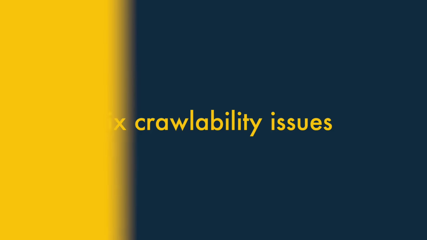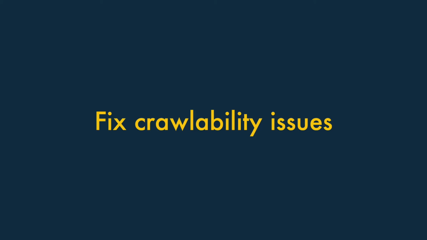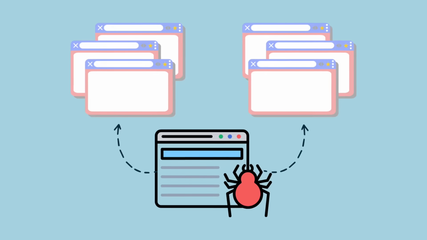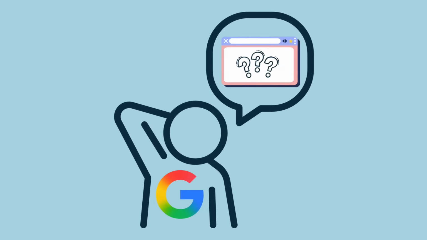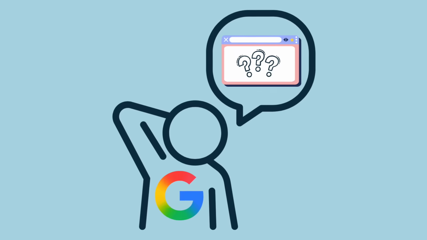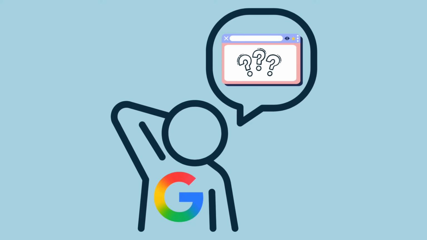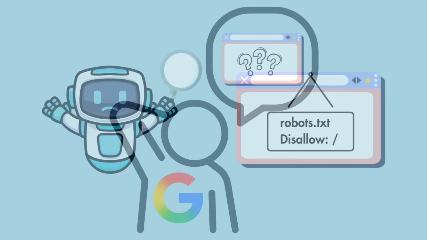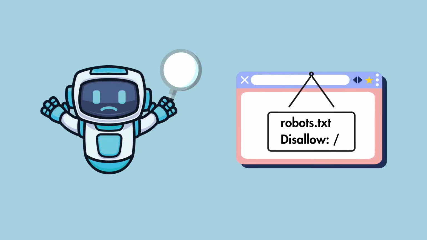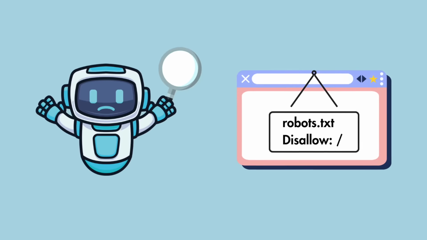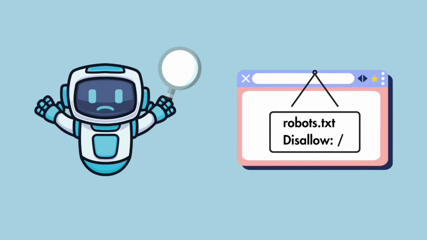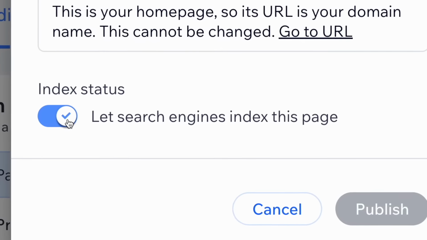3. Fix crawlability issues. Crawlability and indexability are crucial to SEO. If search engines can't find or access your pages, they simply won't appear in search results. Things that typically stop your site from being indexed properly include your robots.txt file instructing bots not to crawl certain pages, pages being tagged as no index.